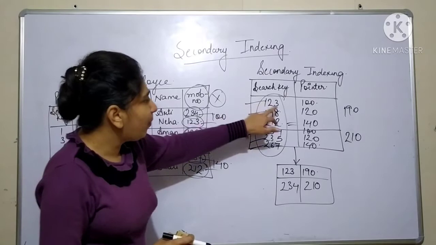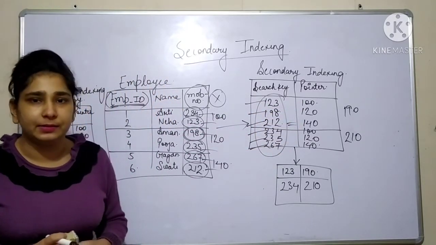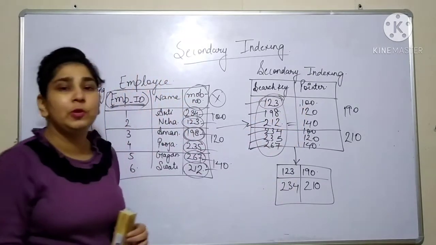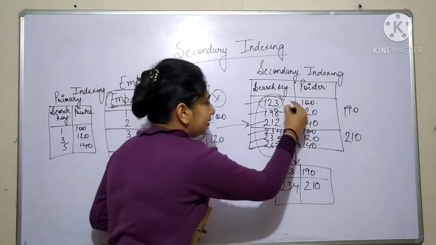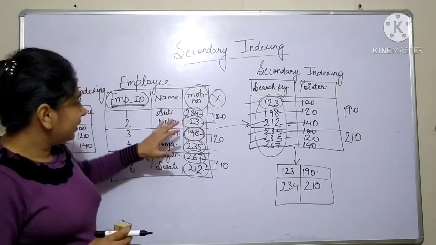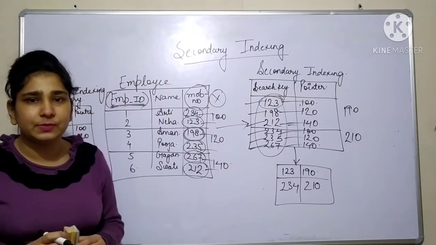With each mobile number, I am writing the corresponding pointer: in which block number of the hard disk is this mobile number present? This way, if you look at this table and this table, there is no difference.